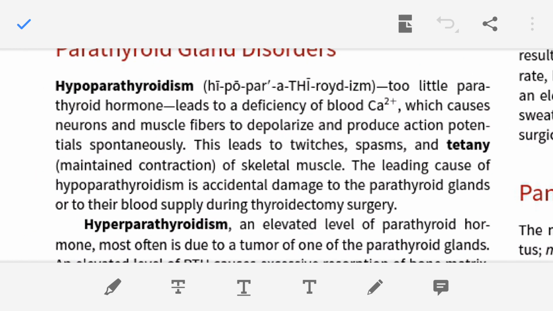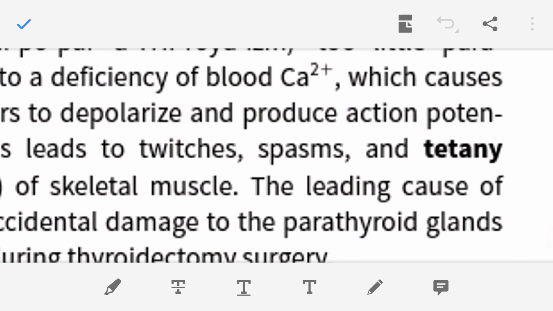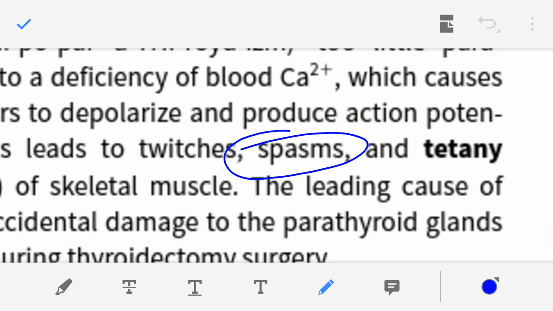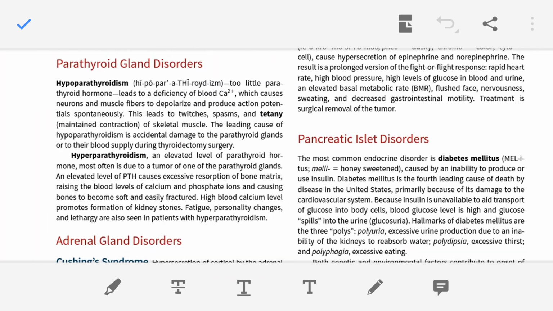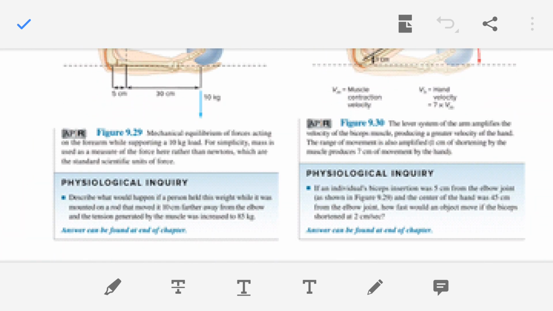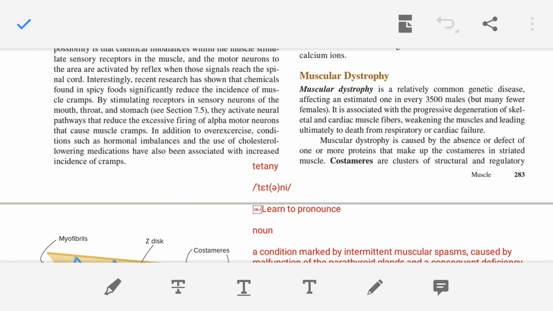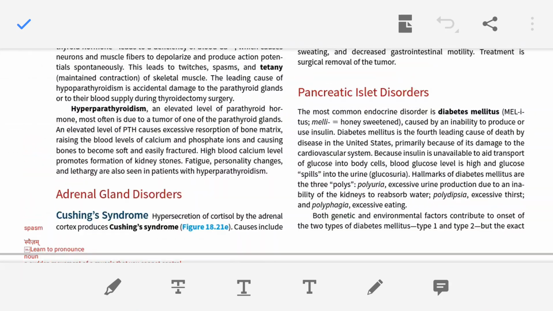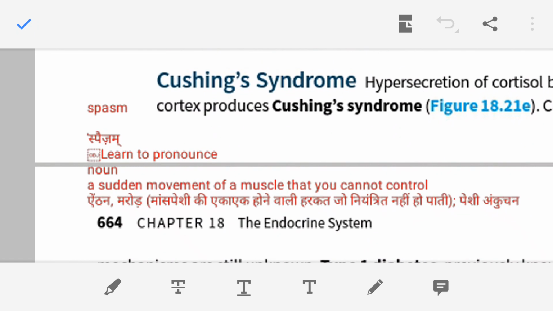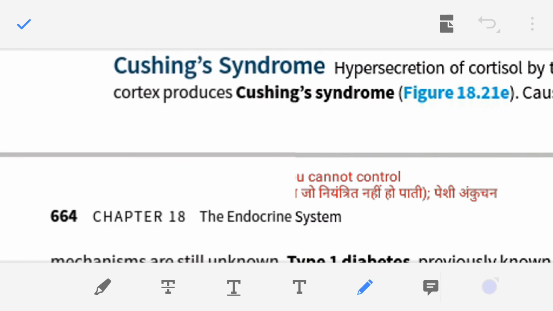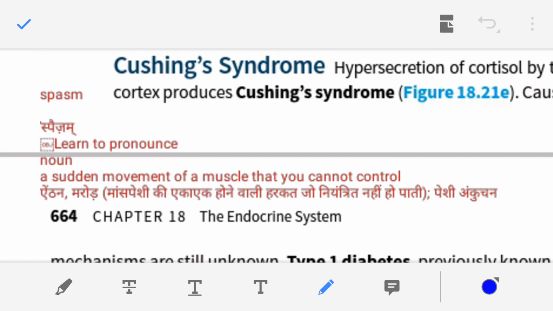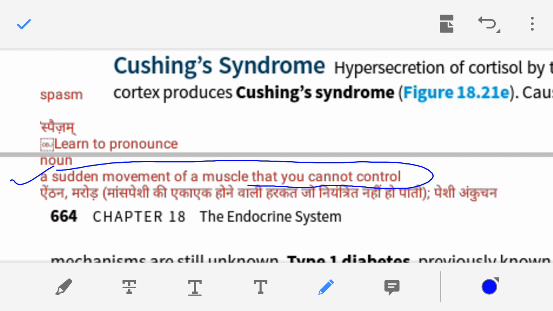Then spasm. So what is spasm? Over here, spasm means a sudden movement of muscle that you cannot control, that is known as spasm.